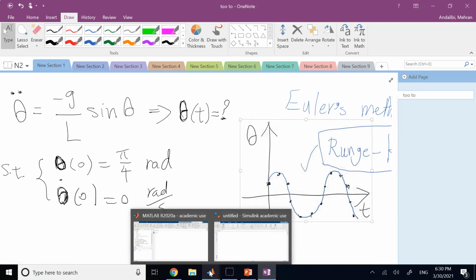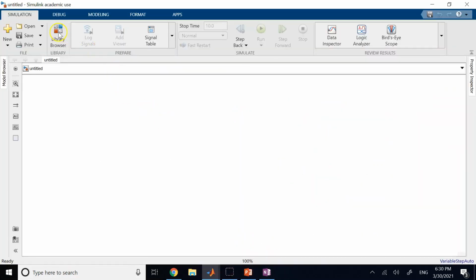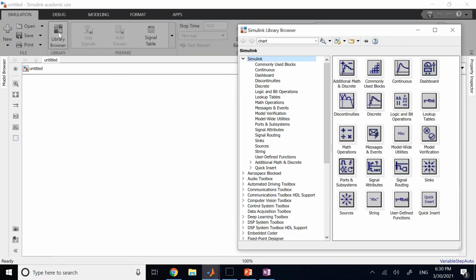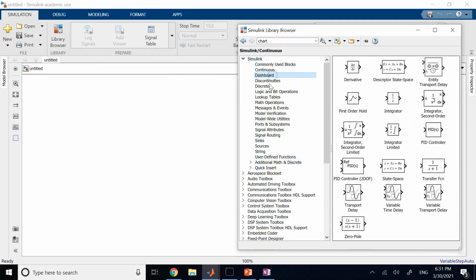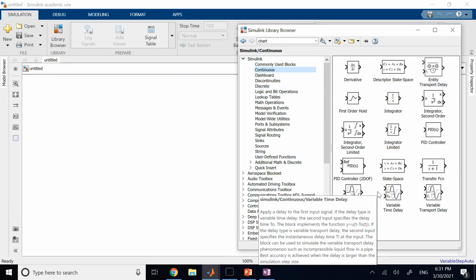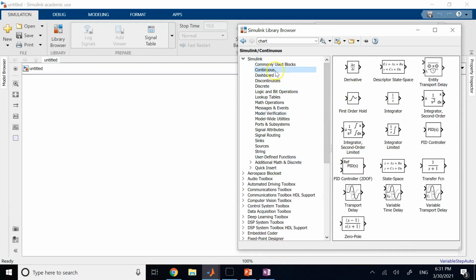Okay, so what we do here is we go to this library browser, and then here under Simulink you have a bunch of different tabs, branches, that each one has tons of different blocks. I'll try to cover some of them.